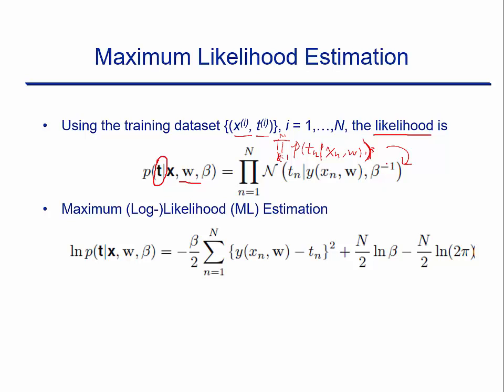Now we have the likelihood of the target values of our training data set defined as this multiplication of the probability of each target value given the corresponding input value x.